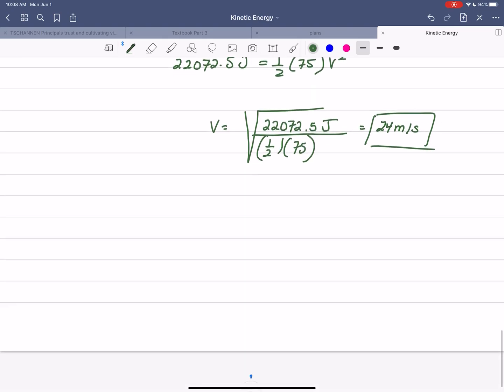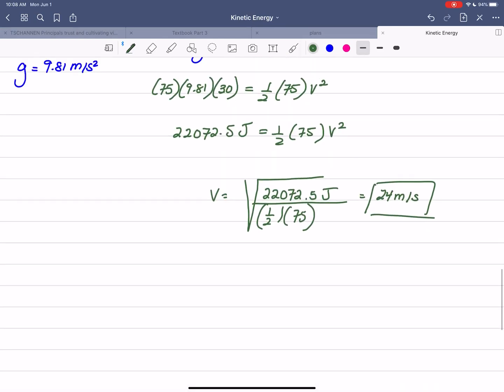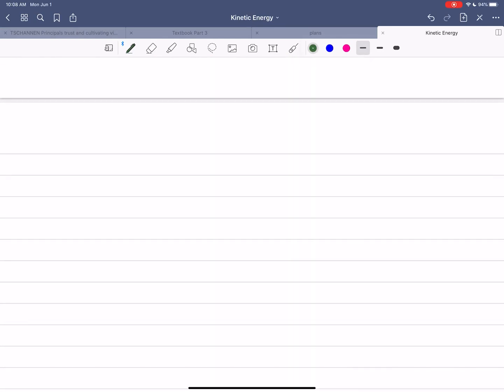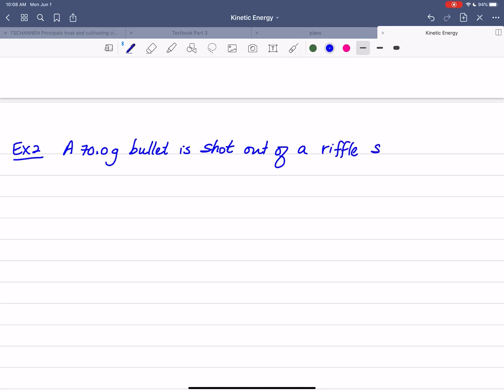Okay, I'll give you another one, exactly the same idea. Try it on your own, example 2. So a 70.0 gram bullet is shot out of a rifle straight up in the air using 4.00 kilojoules of energy.